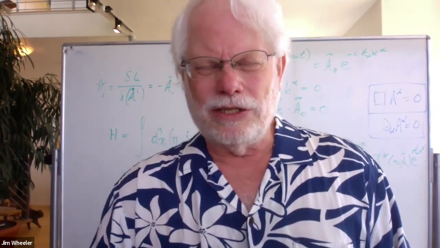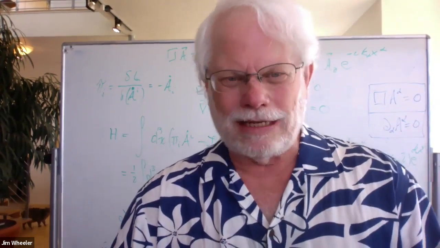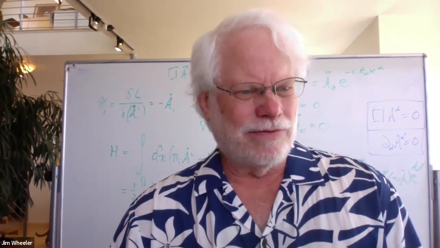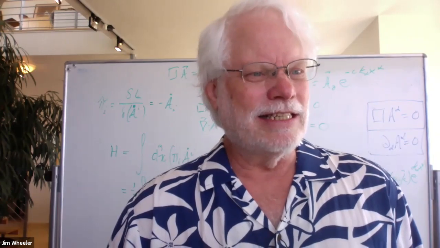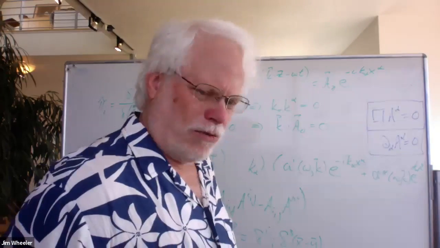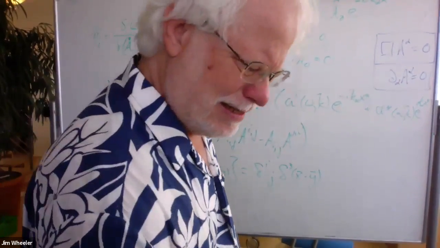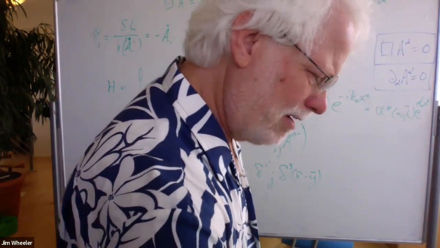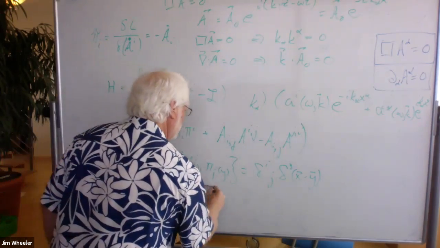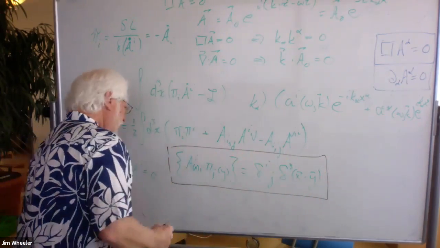But what we can do is put the whole thing in a momentum basis. You know, we've been doing a fair amount of that in quantum. Let's do it here. So we're going to fuss with this a bit.